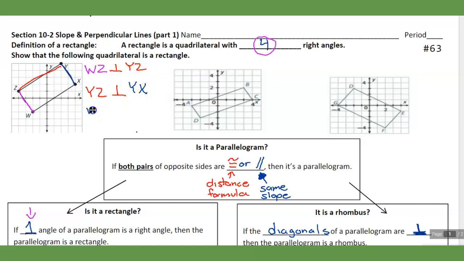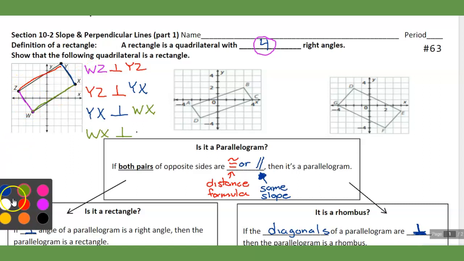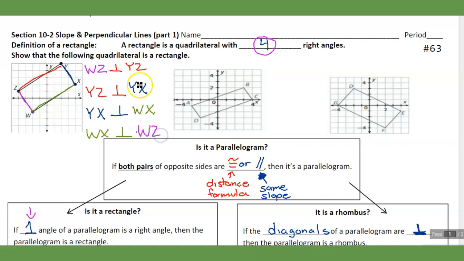Then you'd have to show YX is perpendicular to the 4th side, which is WX. And then lastly, circle back around, we'd have to show WX is perpendicular to where we started with WZ. So by the definition of a rectangle, which has 4 right angles, we have to do all this work. Okay. So not too pleasant, but we could do it.